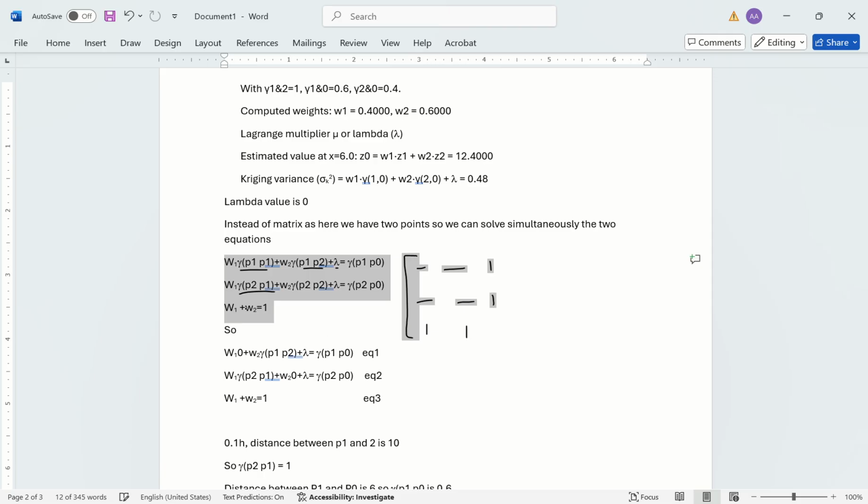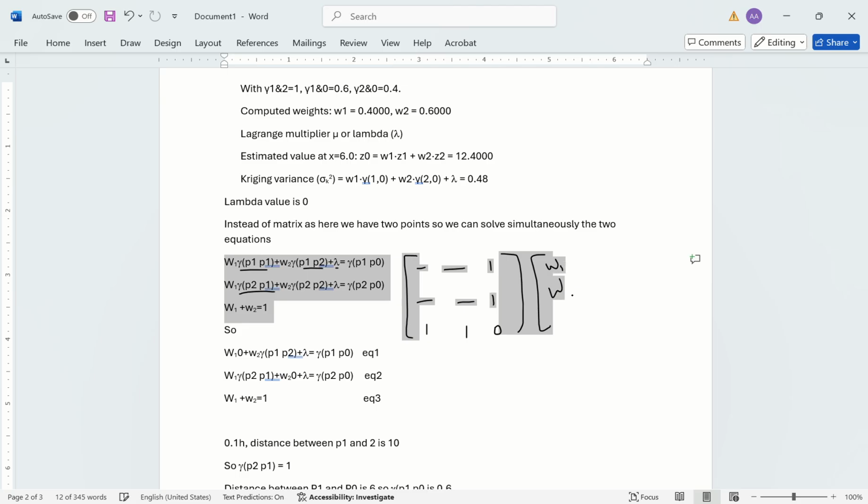Then here we would have W1 1 plus W2 again 1. There is no third term, it would have been 0. Okay, this would have been the first matrix.